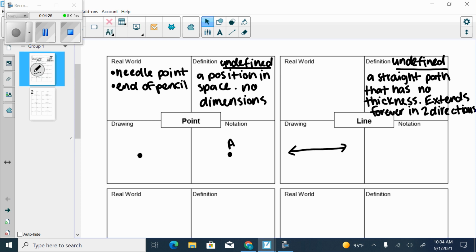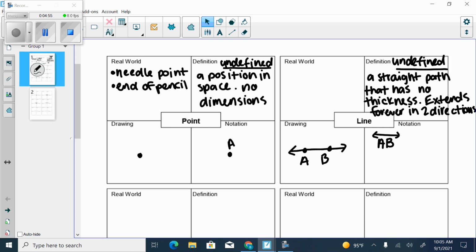All right, and this line could have some given points on it, like the ones we've been looking at for our assignments the last couple days. Okay? And the way I would name a line like this would be line AB. But to denote that it's a line, you have to put a line above it with arrows on both ends.